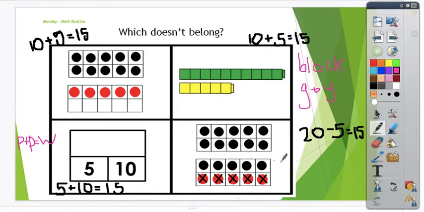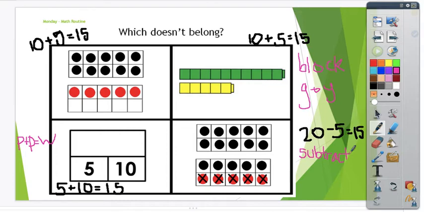Now, what about this one? Well, this one uses subtraction. We're going to put subtract. What else? Is there anything else different? All right, I want you to look and see, what do you think doesn't belong?